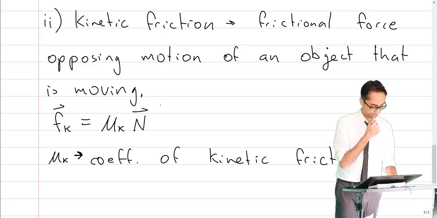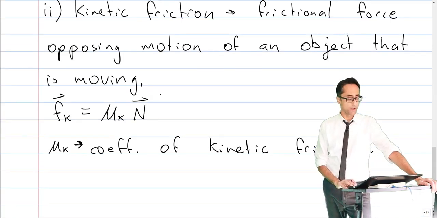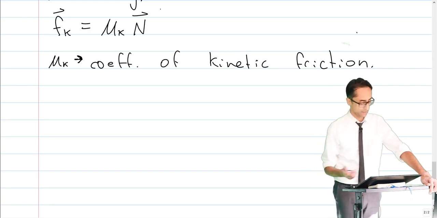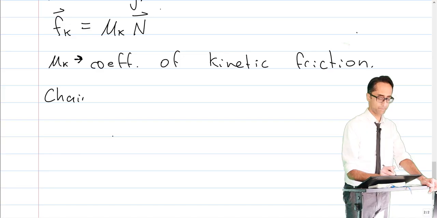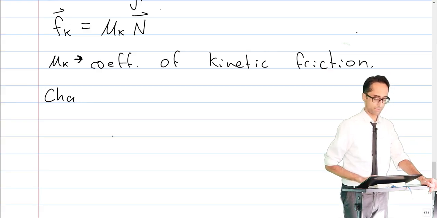All right. And so if we were to draw a free body diagram of this time the chair actually moving, and so this is again the same chair. So let's do the FBD. Let's make that a little neater, huh?